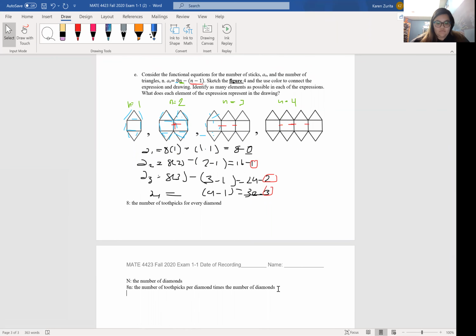And n minus 1 would be the number of shared toothpicks. So there we go.